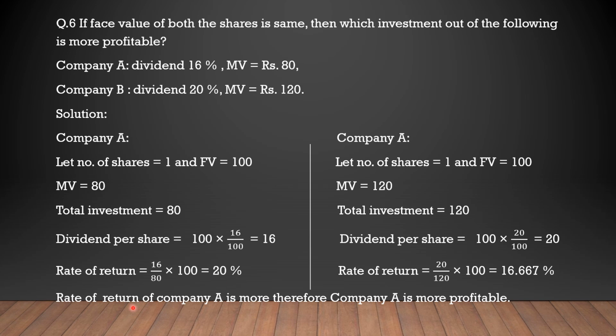So rate of return of company A is more, therefore company A is more profitable. Rate of return is more, that's why that company, means company A, is more profitable.